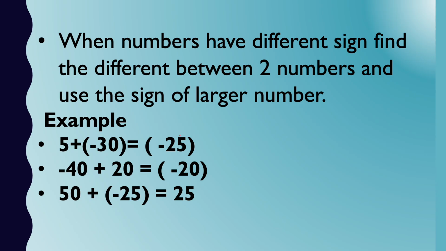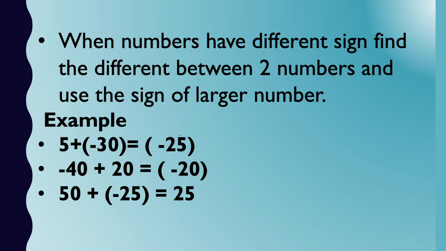Let's go to the second one. Minus 40 plus 20. If you feel like getting confused, don't worry about the plus, just worry about the rule. What does the rule say? When numbers have different signs, and yes, we have different signs, minus and plus, find the difference between the two numbers.